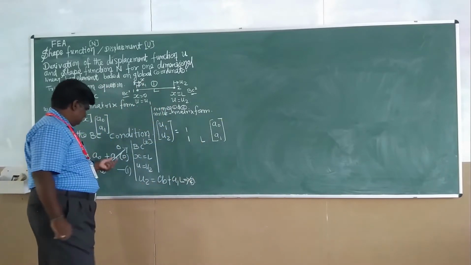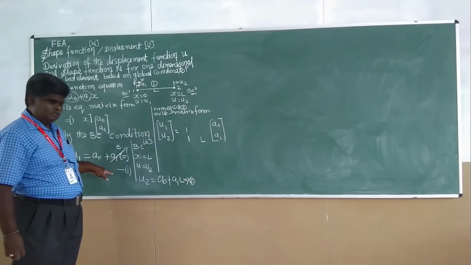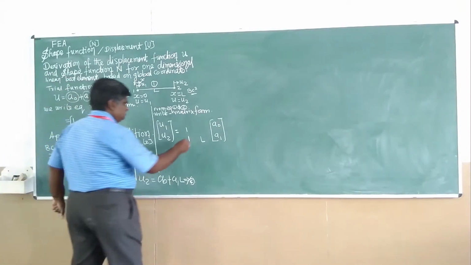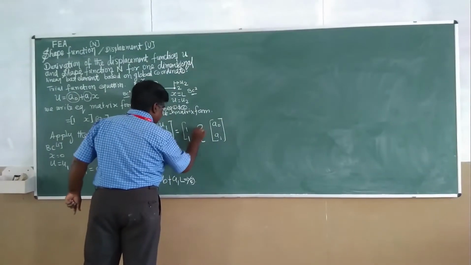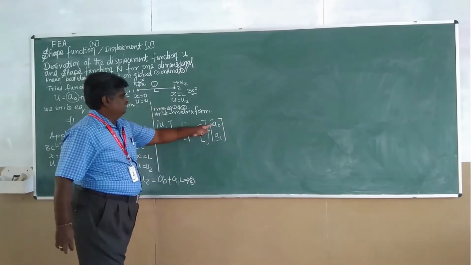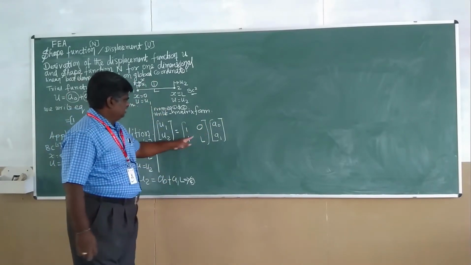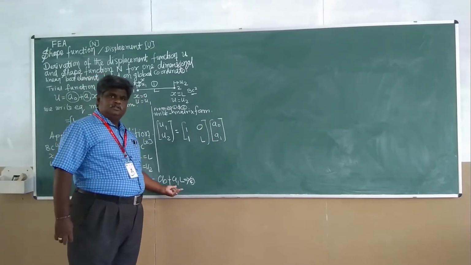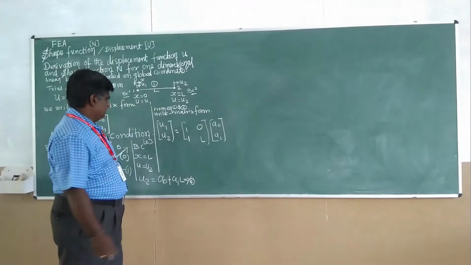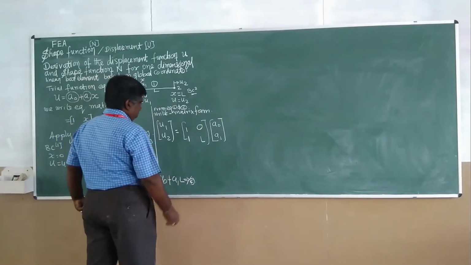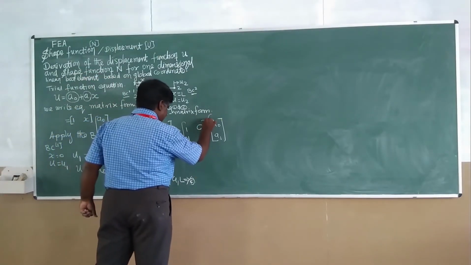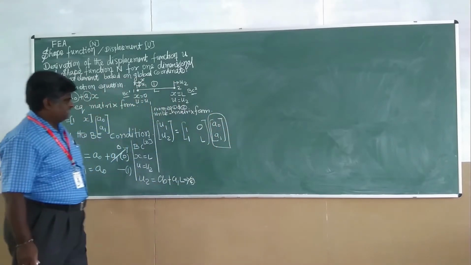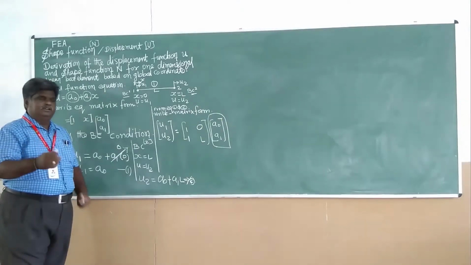From equation number 1, the a1 coefficient is 0, so 0 will come. Cross verified: 1 into a0, and a1 into n. So in matrix format, we are going to find out the parameter values of a0 and a1.